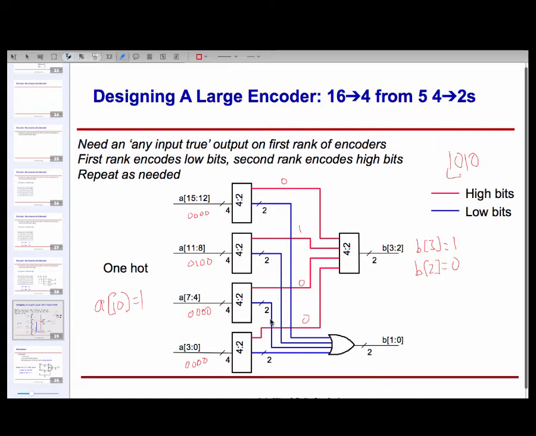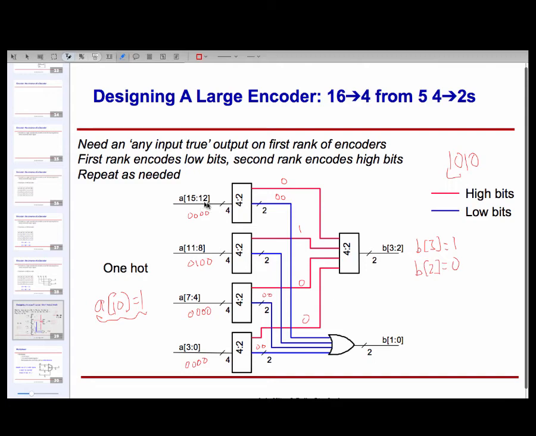Remember we said if it is seeing an all 0 pattern, it outputs a 0 on the red. But additionally, it also outputs 0, 0 on the blue lines. So in our example, when A10 is 1, these 3 blue lines are going to see 0, 0. Each one of the blue lines is 2 bits.